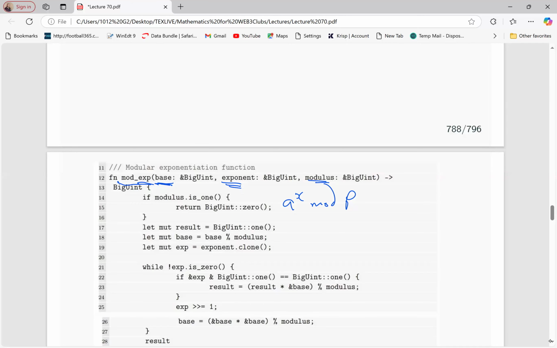For instance, we talked of u raised to 4, and we are doing this mod, say, 11. Then after getting u raised to 4, we'll come up with another function that multiplies this u raised to 4 by, let me say, a. It will also do u raised to 6 mod 11.